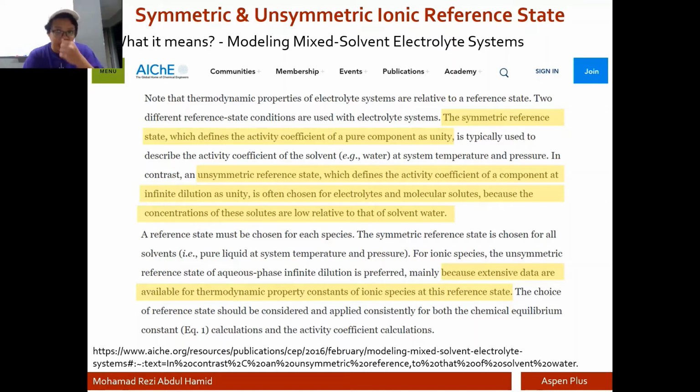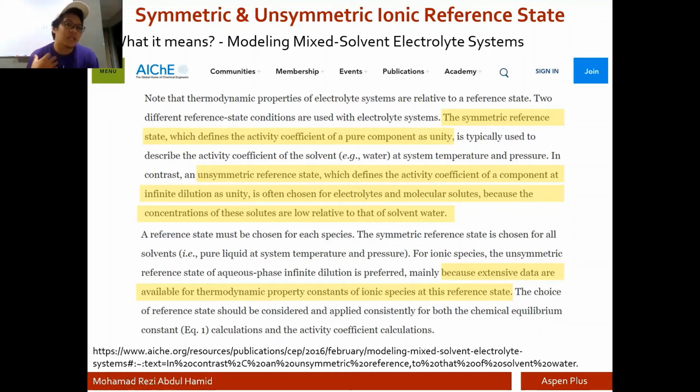In the articles, they mentioned that the symmetric reference state defines the activity coefficient of a pure component as unity, and is typically used to describe the activity coefficient of the solvent at system temperature and pressure. So I think the symmetric reference state, based on my understanding, is better used when you describe the activity coefficient of a pure solvent.